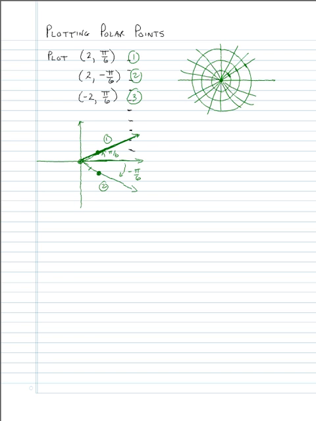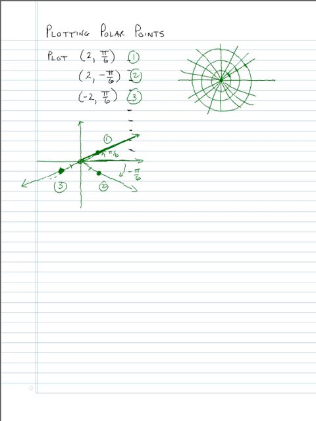If R is positive, we follow the angle. If R is negative, then we go in the opposite direction of that angle. So we would be coming in this direction instead of the direction we were going a while ago. In this case, our negative 2 makes us go, instead of to the right, to the left. So we measure 2 units along here, and that's where the point would be. That's point number 3. The angle is pi over 6, but the R value being negative 2 means we go in the opposite direction.